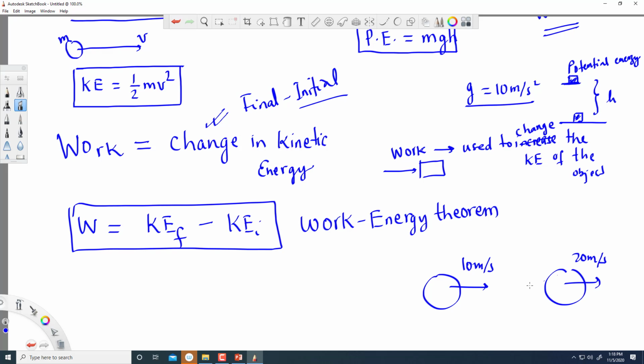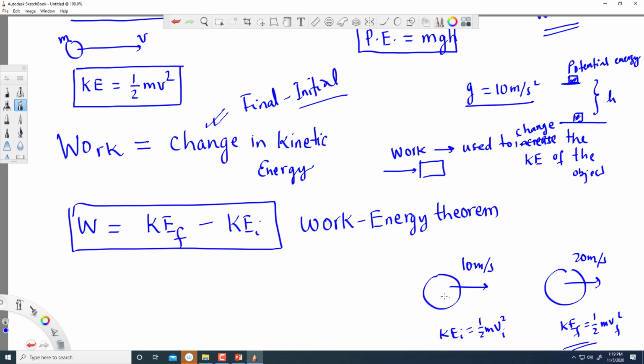That means you want to increase the kinetic energy. It has some kinetic energy. Anything that has speed has kinetic energy, which is given by 1/2 mass times speed squared. Now you want to increase the kinetic energy to some other kinetic energy, and for that we need to do some work.